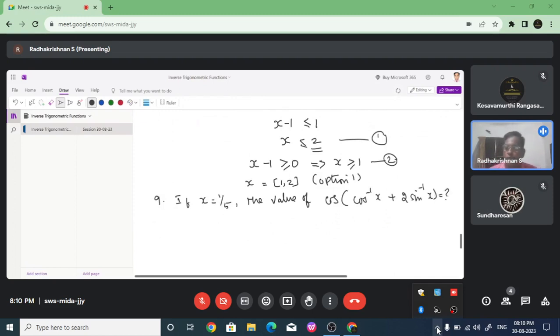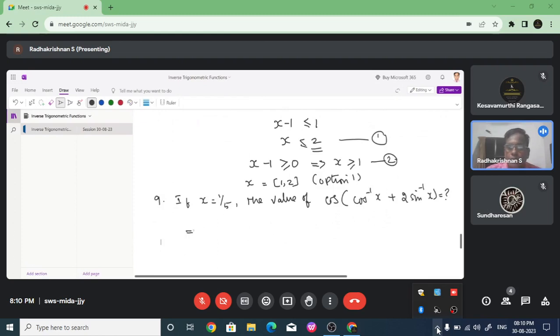So what is the value of this? Sir, can we separate 2 sine inverse x as sine inverse x plus sine inverse x? Yeah, you can do that. Correct. You are right.